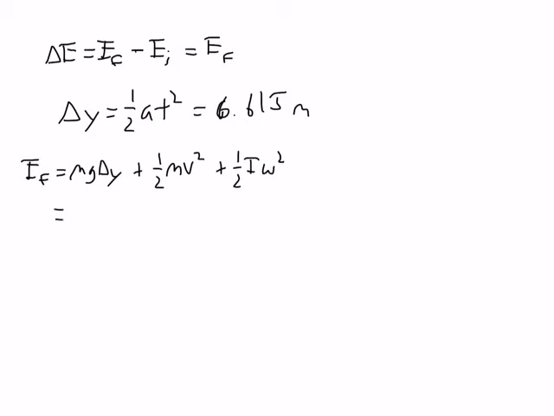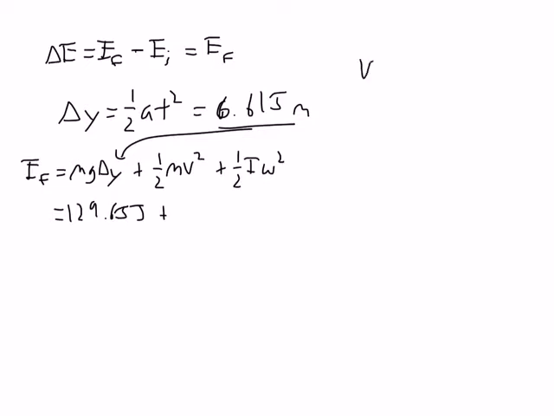So mg delta y is pretty easy because we have delta y right there. Right? If you plug that in carefully, then you get that value for the gravitational part. 1/2 mv squared is similarly easy, right?